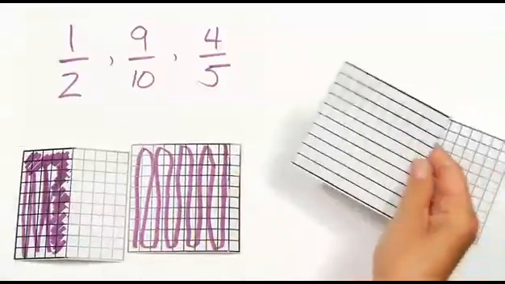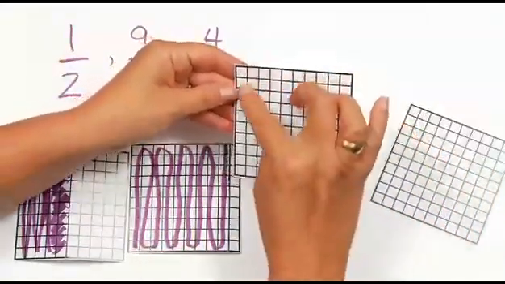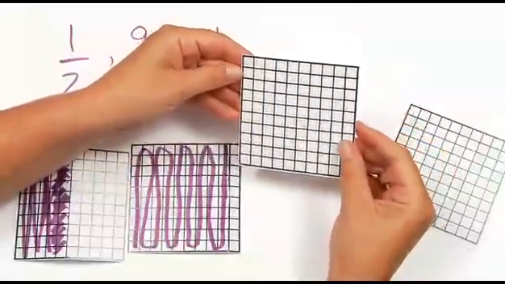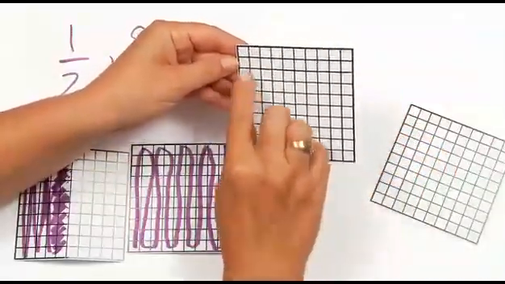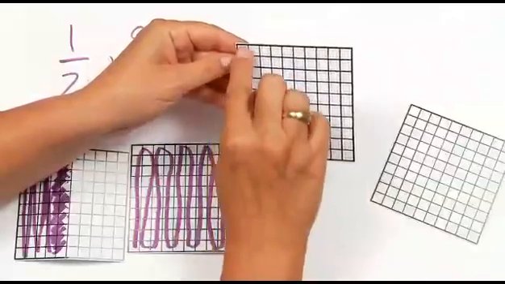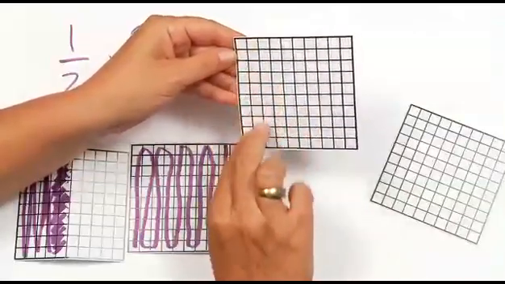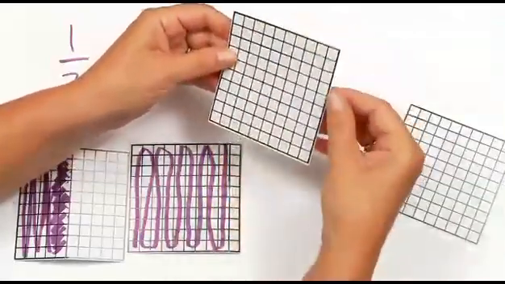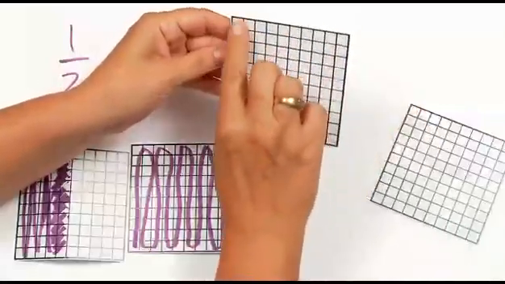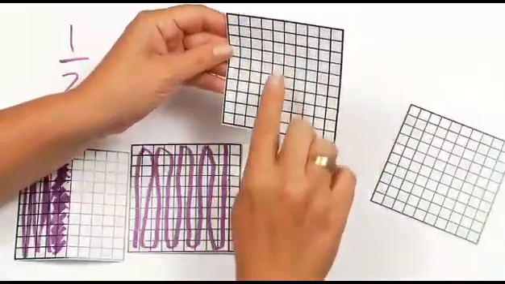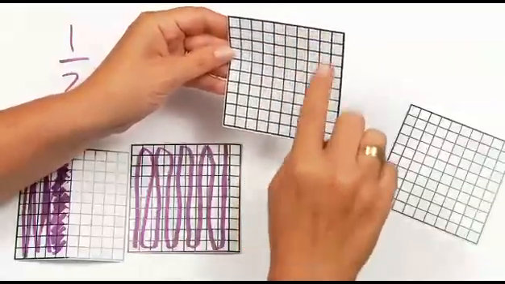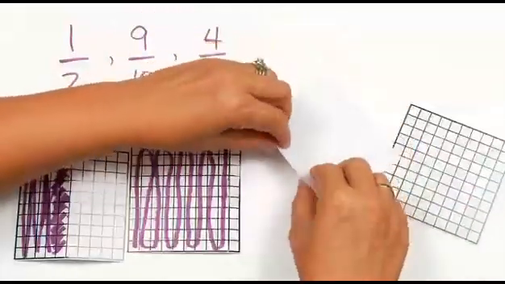And 4/5. Once again, I can use the structure of the hundreds grid to help me. If I know that these are 10, then if I choose 2 of them, that will give me 5 of them. So I can count 1, 2, 3, 4, 5. Let me fold that so it's easier to see.